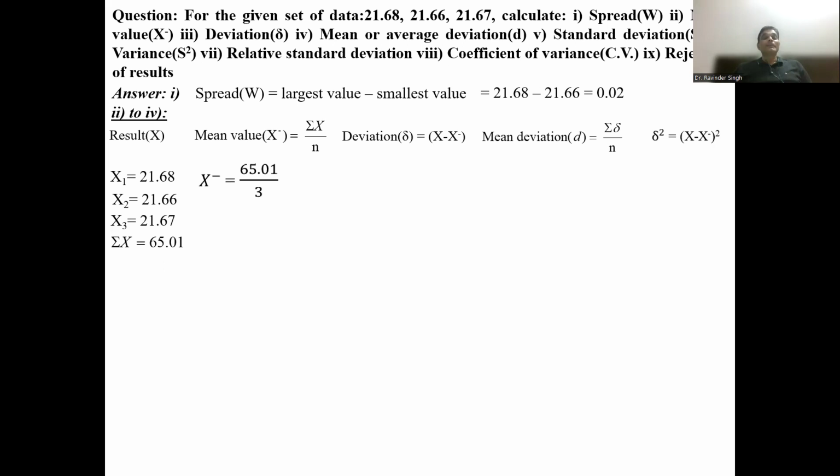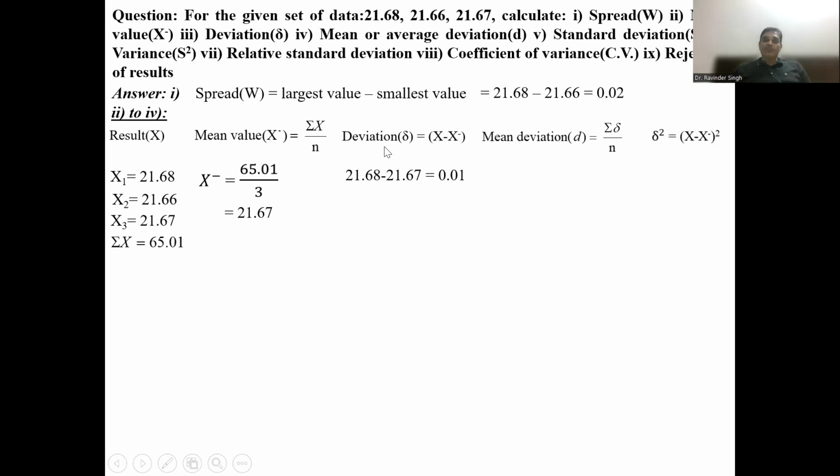We will take the mean of all these. How many values are these? These are three values. So the total sum of all these values, that is the 65.01, that is the summation x divided by total number of values. These are the three number. The value of n is 3. So answer comes out to be 21.67.